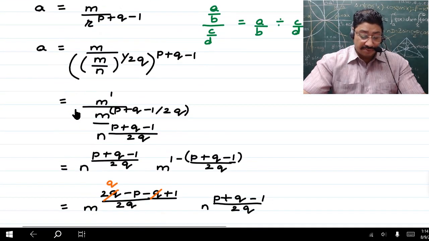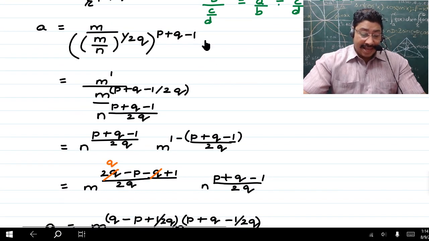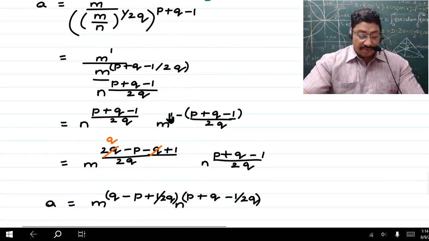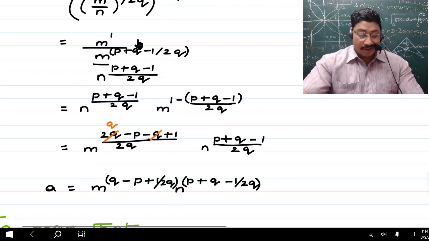So here both of these powers are going to get multiplied, and as such we will now have m raised to the power (p plus q minus 1) whole divided by 2q, and there will be in the denominator again n to the same power, that is p plus q minus 1 divided by 2q. Further, when we reciprocate, obviously this will come to the numerator as it is, and this will come to the numerator with minus sign.